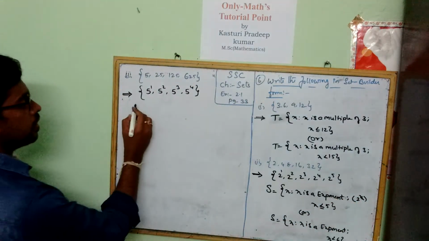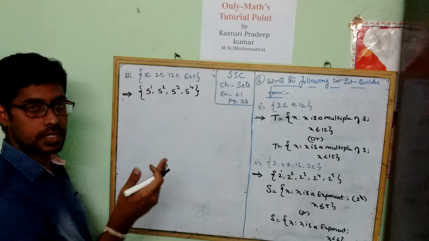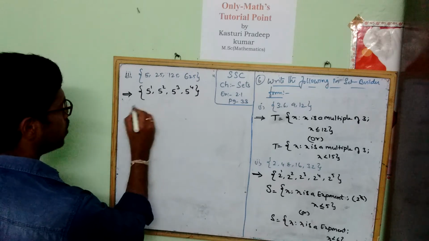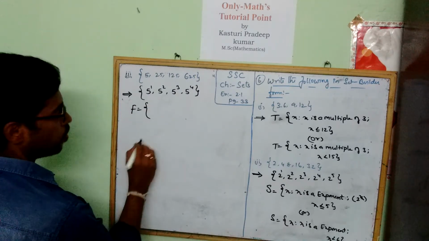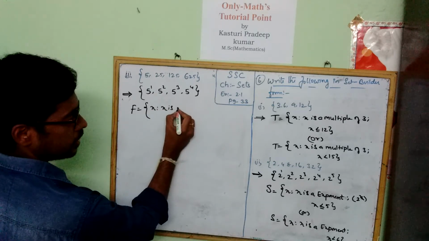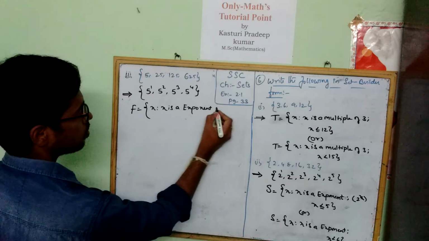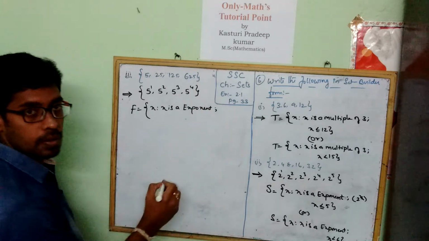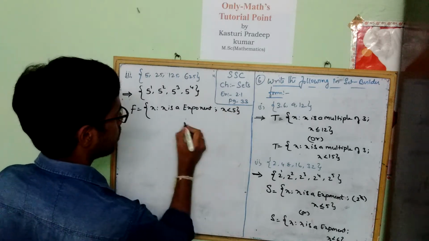Okay, this one, these are the powers of 5, guys. Here also give some letter as the set name, F. x colon x is an exponent, and x less than 5.